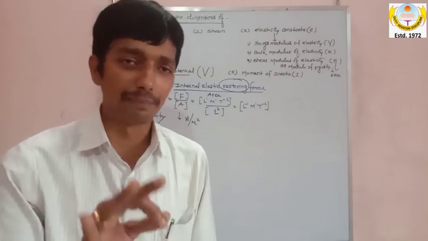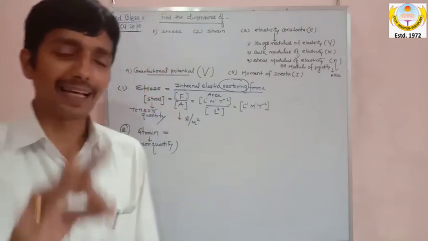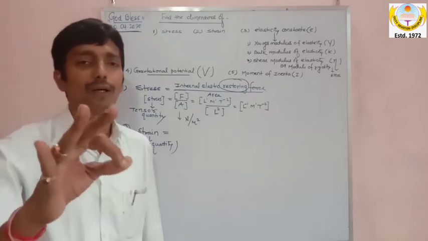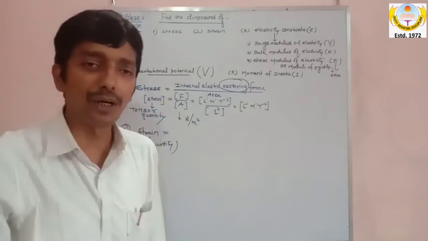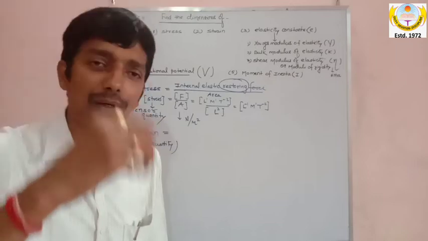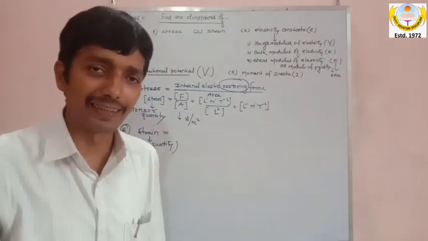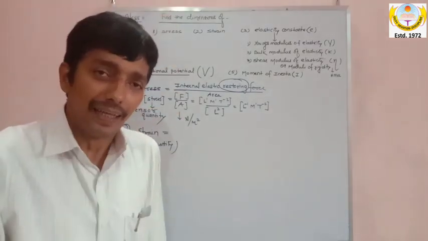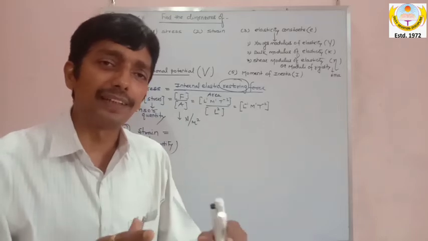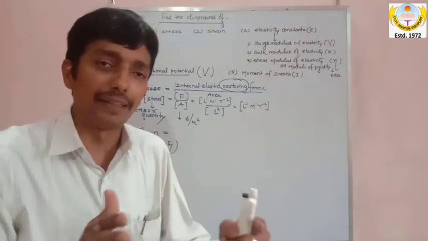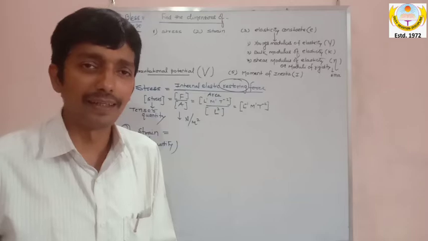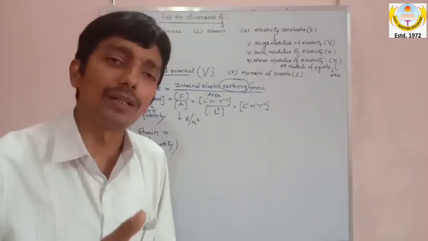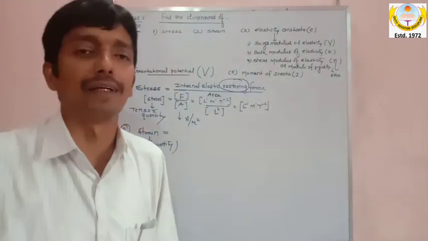Am I clear? Please make a note of this carefully. In any elastic body, the change can occur in three ways. Either the change occurs in the length of the elastic body, I have given the example, हम बढ़ते चले जाते हैं. Either the change occurs in terms of volume of the elastic body, that is size. Am I clear? And either the change occurs with respect to shape of the elastic body.